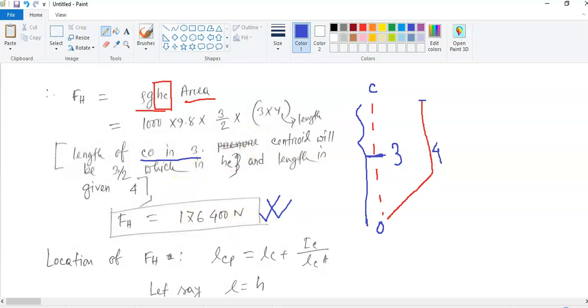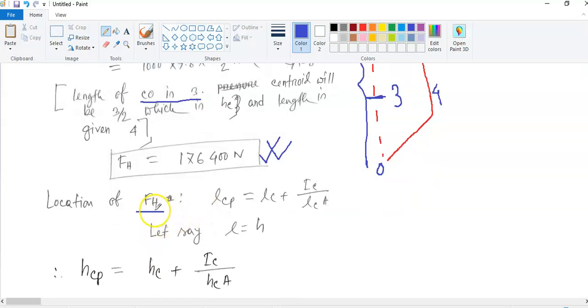Now the other important thing, once you want to calculate the moment, is that when you have the force, then you need to calculate the location of the force. So we got the force magnitude, and now we will calculate the location. From the theory, we know the location of the center of pressure along the inclined surface is LCP equals LC plus IC over LCA, where IC is the second moment of inertia.